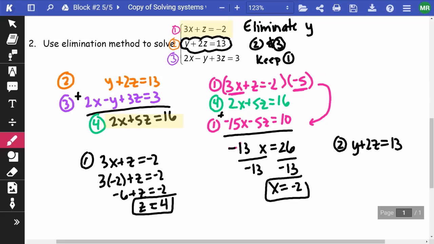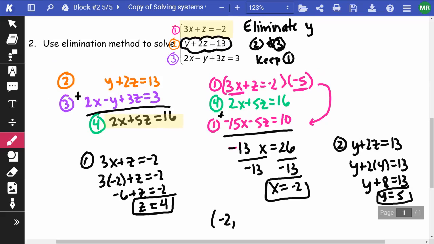So that's what I'm going to plug into. I don't know my y. I know my z is 4. So I get y plus 8 equals 13. So I get y equals 5. And so my answer is going to be my x, which is -2, my y, which is 5, and my z, which is 4. And that is my answer.